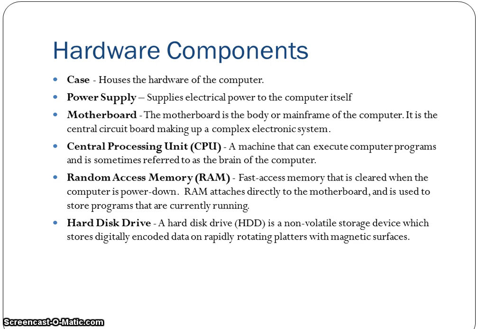Some of these components actually connect to the motherboard itself, so these hardware components run off of each other to complete programs and other tasks. And the last component here is the hard disk drive. A hard disk drive, also known as HDD, is a non-volatile storage device which stores digitally encoded data on rapidly rotating platters with magnetic surfaces. So the hard drive is pretty much what you save everything to. It holds the most space, and nowadays it can really hold a lot of space.